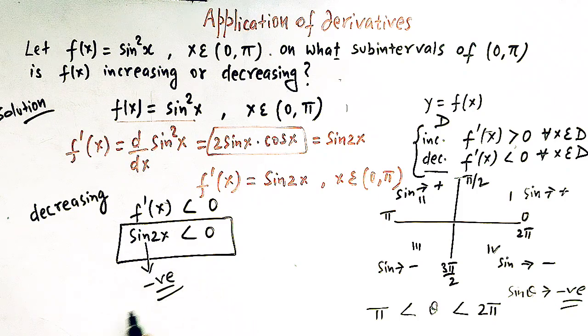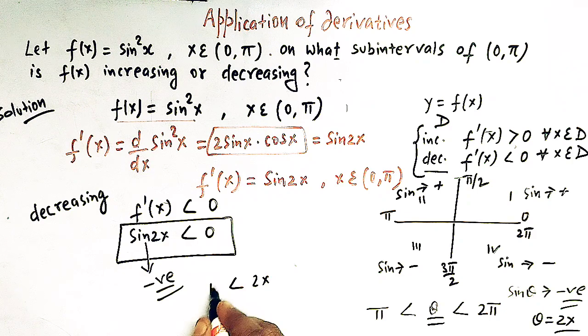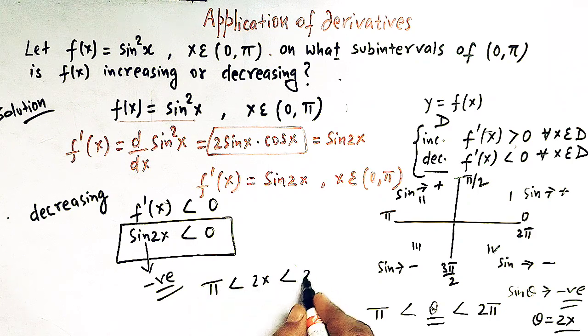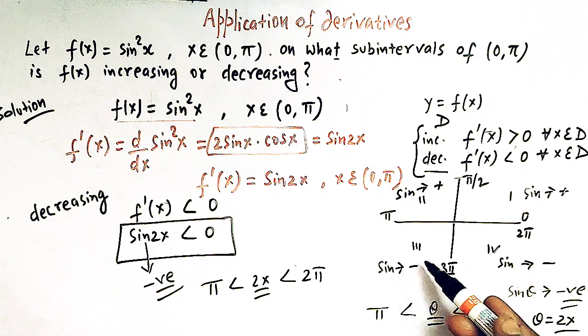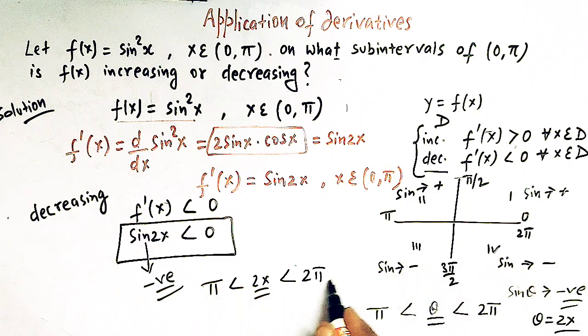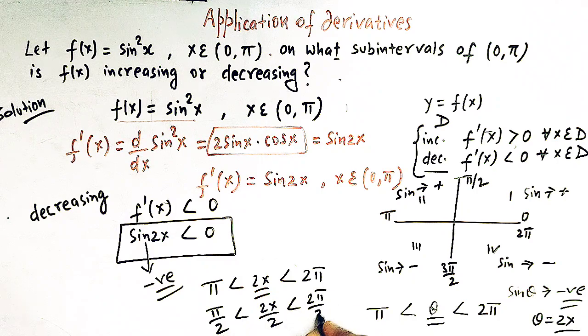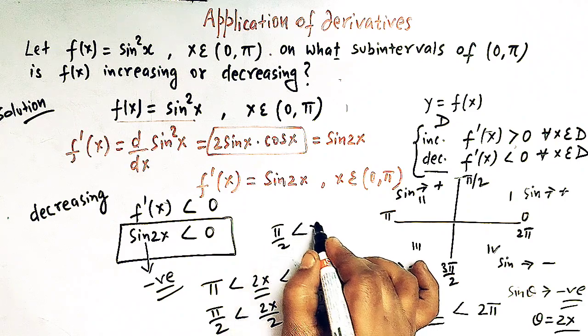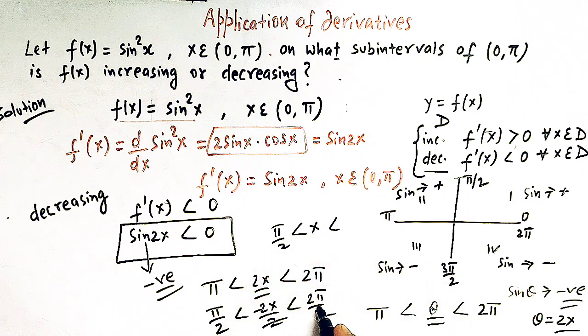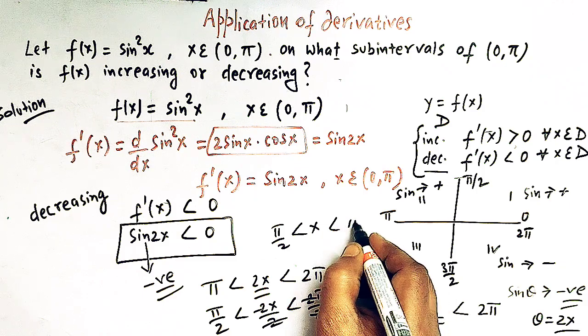And sine 2x is negative when, taking theta equal to 2x, 2x is greater than pi but less than 2 pi, which means 2x should be in the third or fourth quadrant. Now dividing throughout by 2, we have pi by 2, then 2x over 2, then 2 pi over 2. So we can write pi by 2, here we have x, and here we have pi, right?